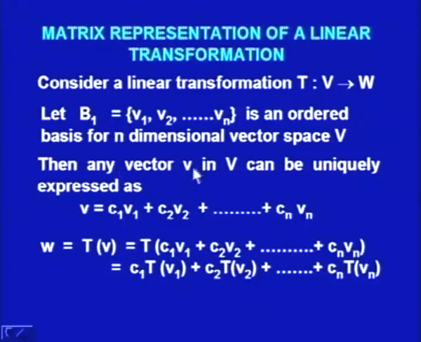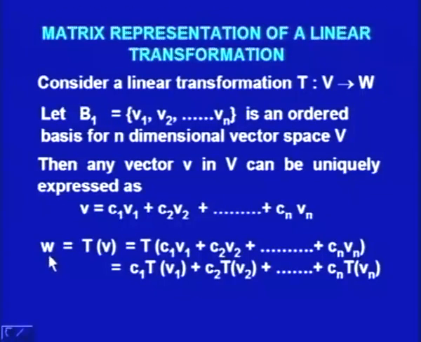Then any vector V in V can uniquely be expressed as V is equal to C1 V1 plus C2 V2 plus ... plus Cn Vn. This is true because this is a basis for the vector space V. So any vector in V can be expressed in terms of its base vectors. So C1, C2, ..., Cn will then be called the coordinates of V with respect to the basis.